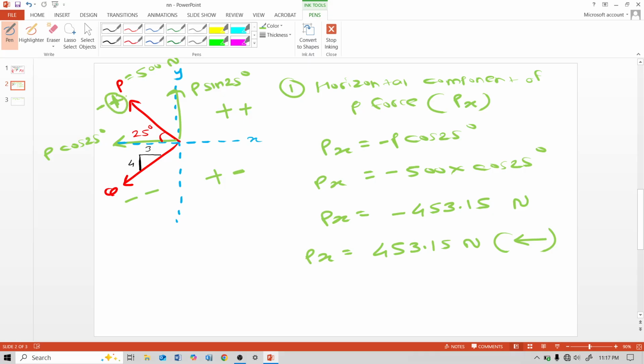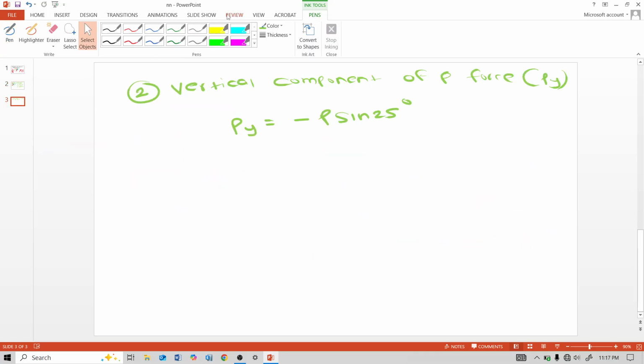So this will be plus, this is not minus, this will be plus, and we know that P is 500 into sin 25 degree. So Py is 500 into sin 25 degree. It is 211.31 Newton.